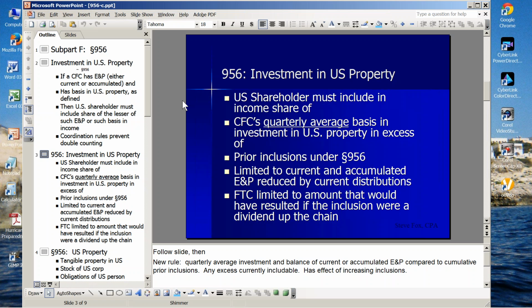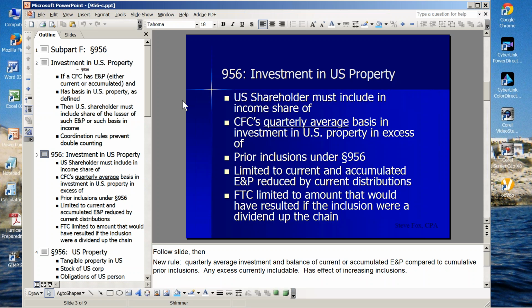The result of this rule, using the aggregate prior inclusions, is that if you make a mistake, then that mistake follows you. If you take an aggressive position, the aggressive position follows you. Let me give you an example out of a case that resulted in this change in law. A guy named McCulloch had a CFC, and he included the wrong amount, too little, in subpart F income under 956.